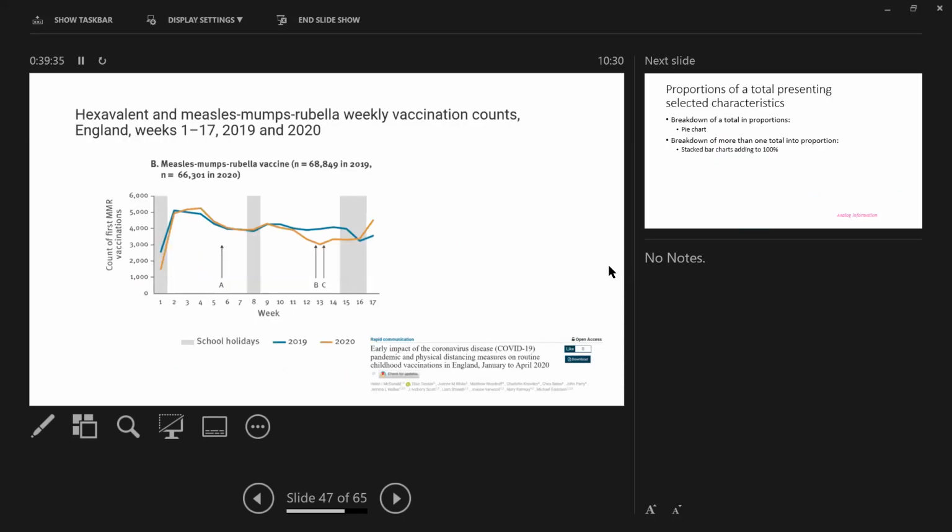This is the study that I mentioned before with the number of vaccines distributed. It's very simple. By week, two different years. So you compare two different years. You can see that it's more or less the same until the beginning of the corona period, and then you see a decrease, and then you see an increase because these people who were not vaccinated are catching up.